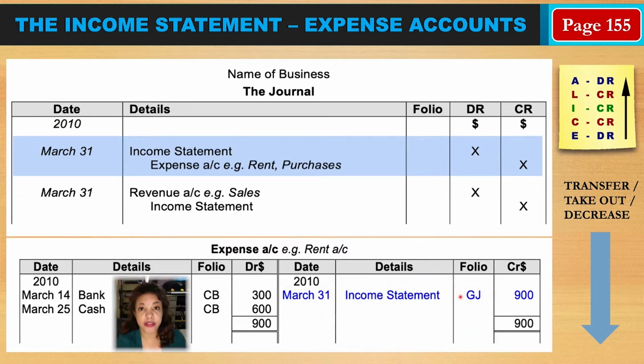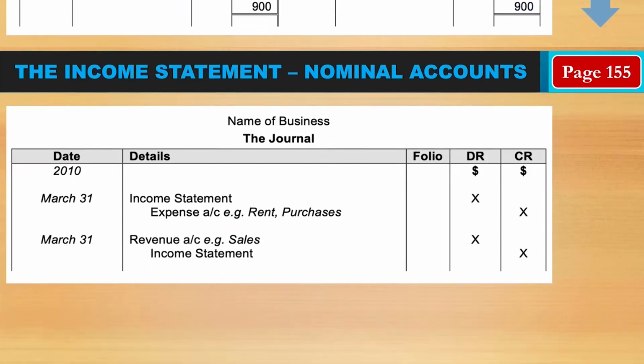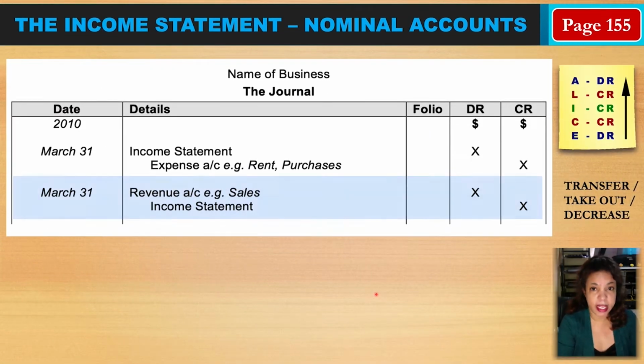All right, and you see it here. This should look familiar to you because this is when you close off an account. Remember, you transfer to income statement, and we just put income statement. So this is the journal entry, and you are familiar with the account. The revenue or income, however, revenue income is usually credit.